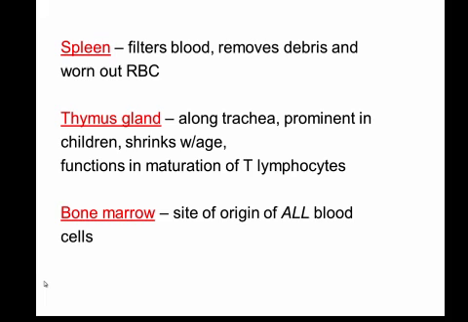In young children, the red bone marrow, which is the type of marrow that produces blood cells, is found in most all bones. As we age, most of that red marrow is converted into yellow marrow, which is primarily fat. And in adults, there are only a few bones, the bones of the hip, for example, that contain red bone marrow.